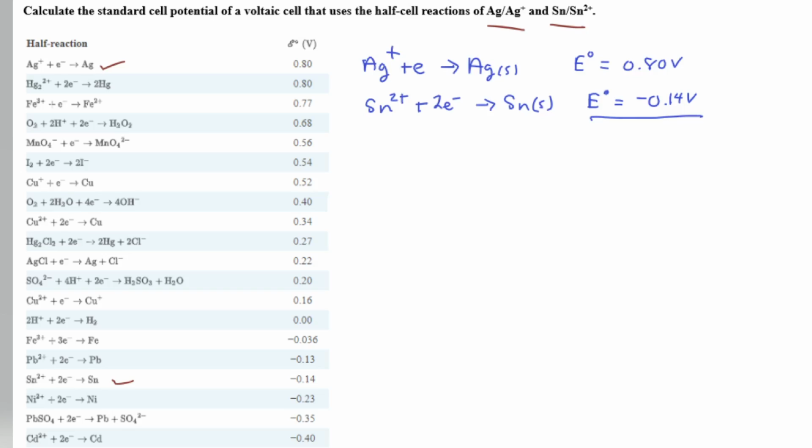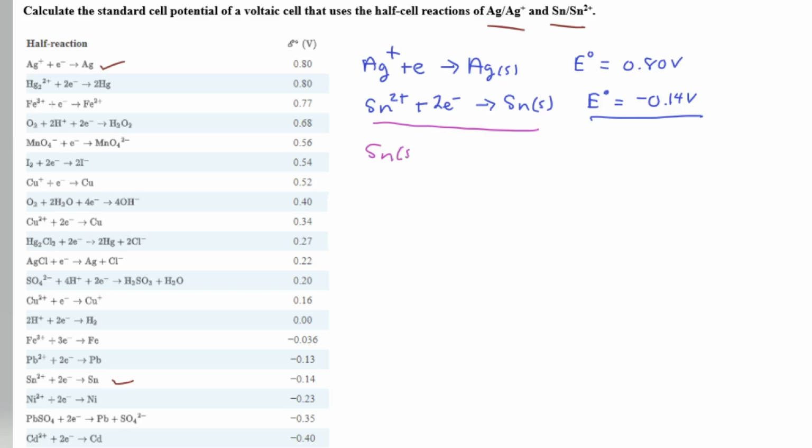Now, you can reverse the silver, which would make the cell potential a negative 0.8, or you can reverse the tin. Now I'm seeing that I would reverse the negative to make it a positive value, because when you add them together, you get an even more positive value. So what does that mean with the reaction? That means we're going to reverse the tin reaction. So I'm going to reverse it.